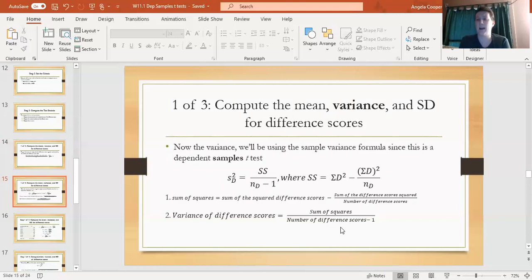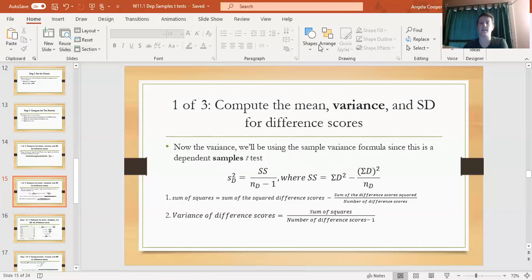I've written out on the bottom, in the 1 and the 2, what these notations are essentially translating to. This sum of squares, SS, is equal to the sum, that sigma, of the difference scores squared, minus the sum of the difference scores, squared, and divided by the number of difference scores.